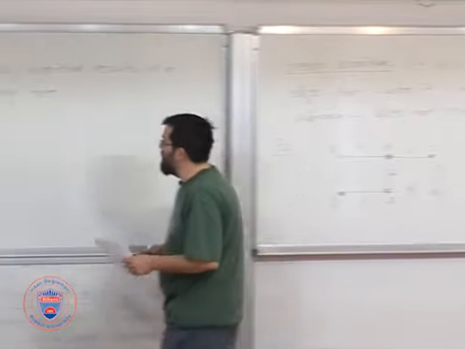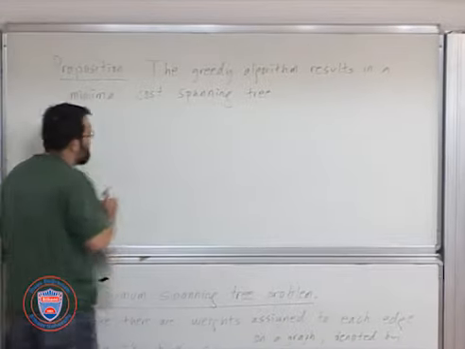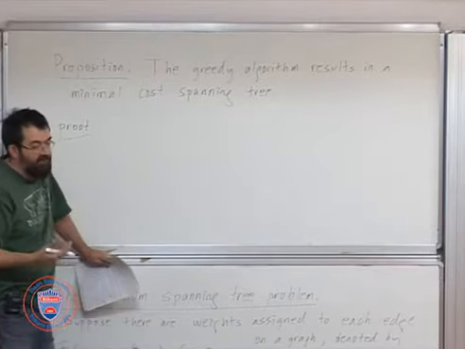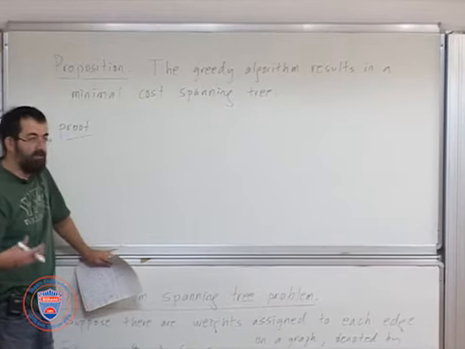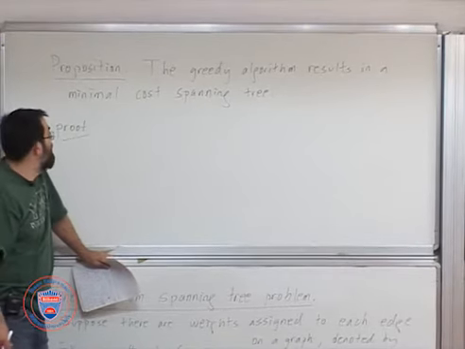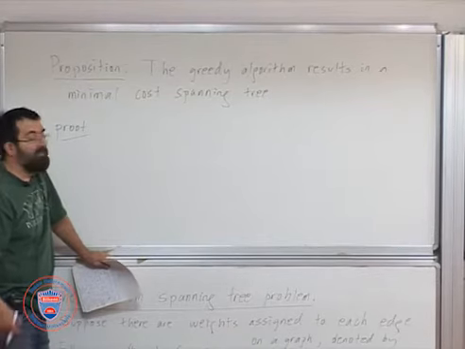So the argument will always be like: suppose that there's something cheaper than the greedy algorithm, and then try to see that it cannot happen.